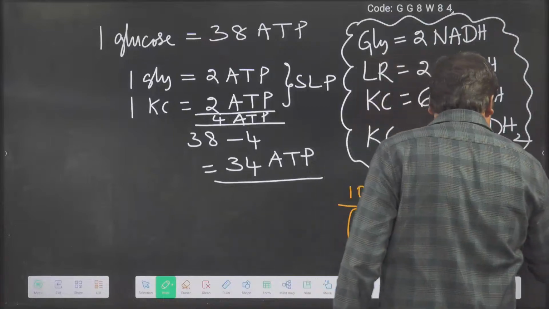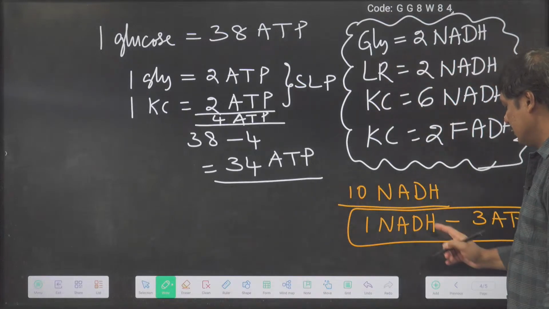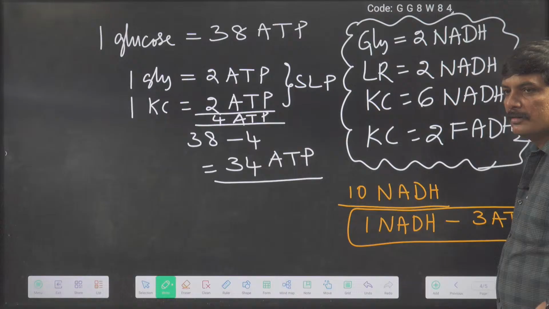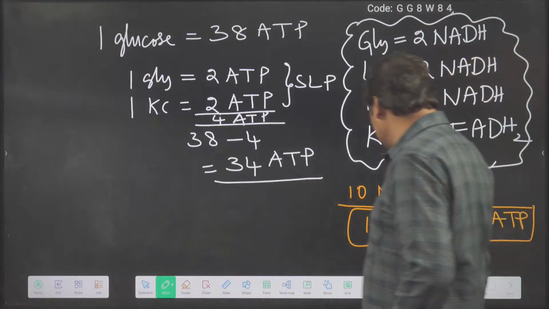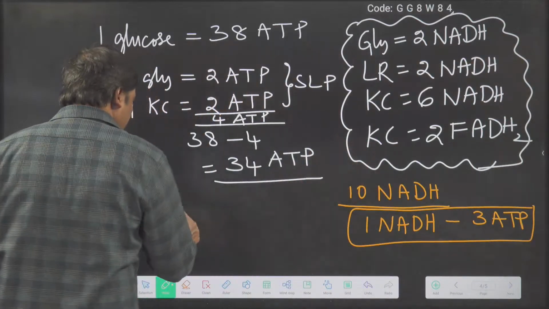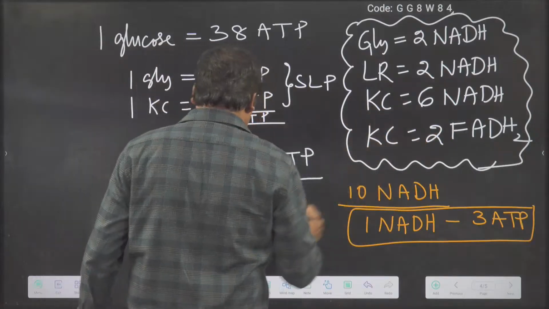Each NADH produces 3 ATP, sorry. And finally, how many FADH2 are produced?